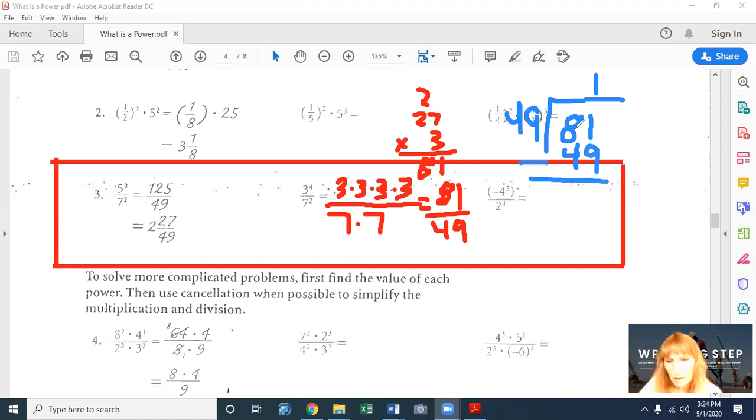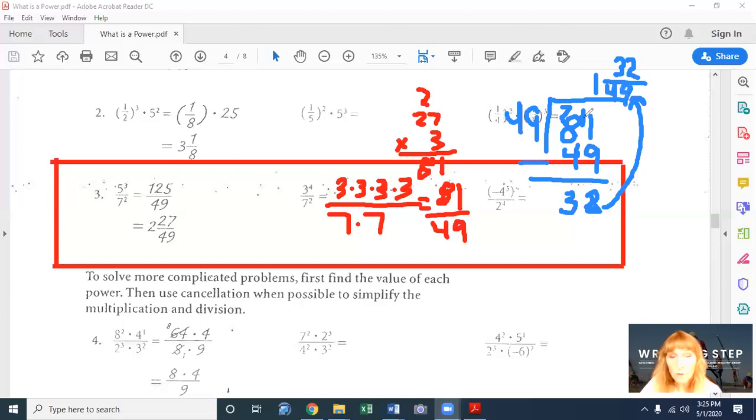I subtract. 8 becomes a 7. 11 minus 9 is 2. 7 minus 4 is 3. So that 32 is going to come back up here and be the fraction that remains. 32 over 49.